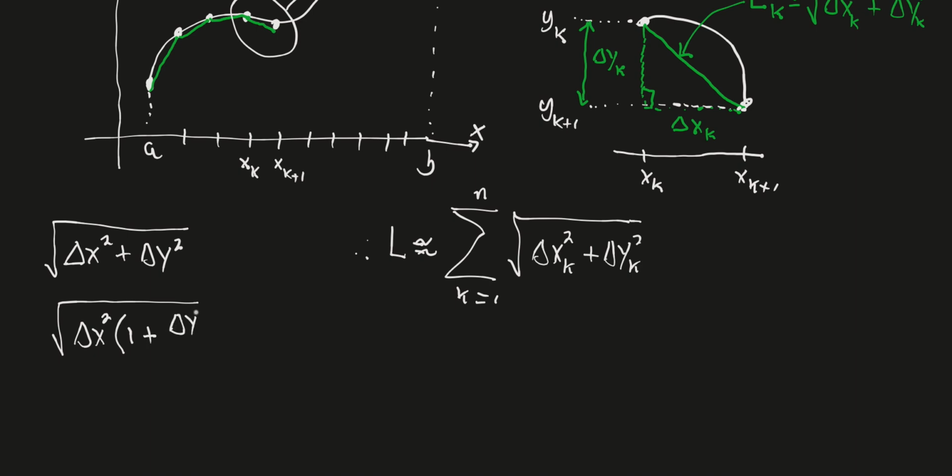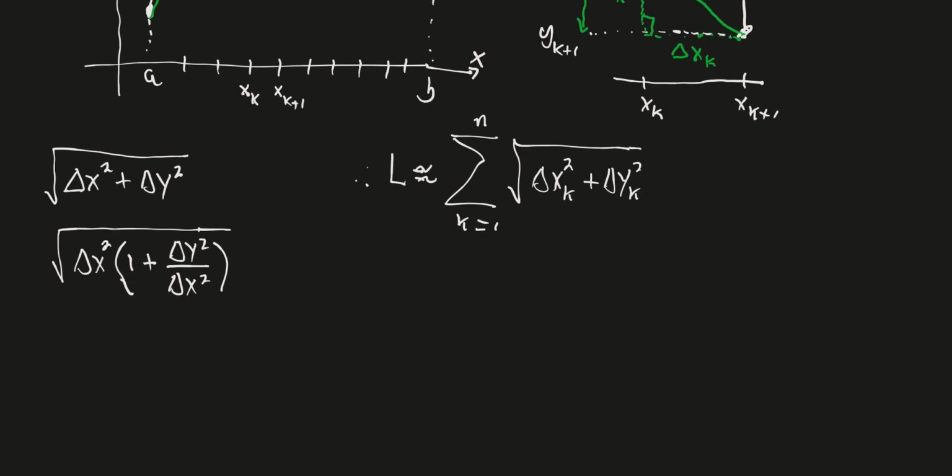So delta y squared over delta x squared is now in parentheses. Why would you do that? Well, there's method to the madness, and one of the reasons we can now do it is because we have a product there.